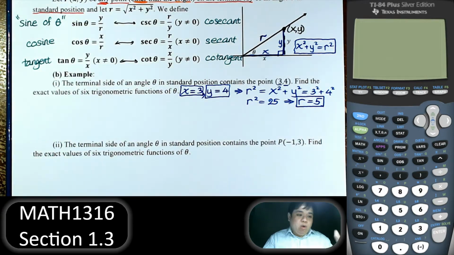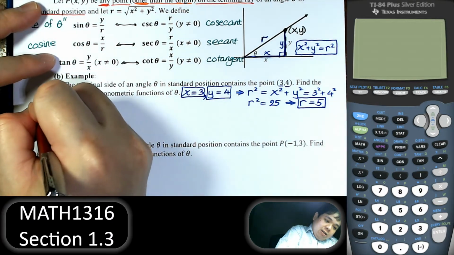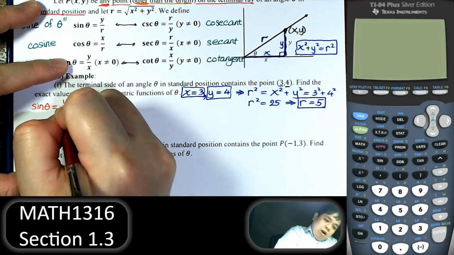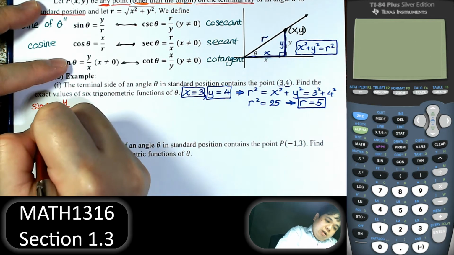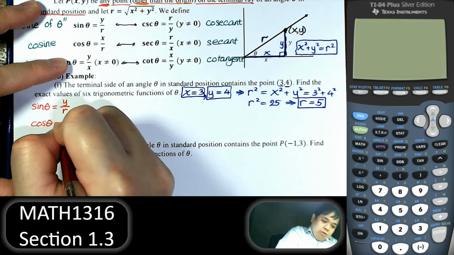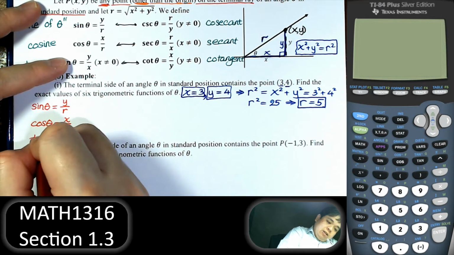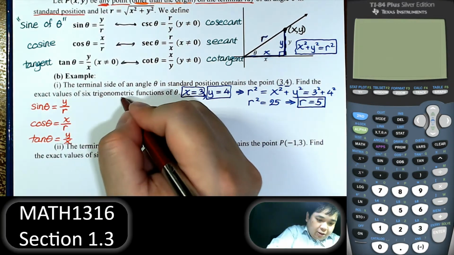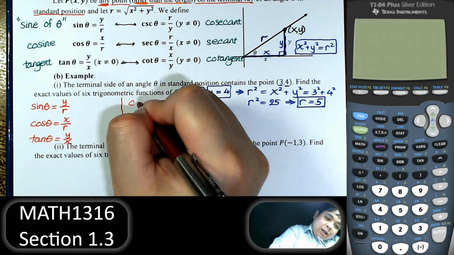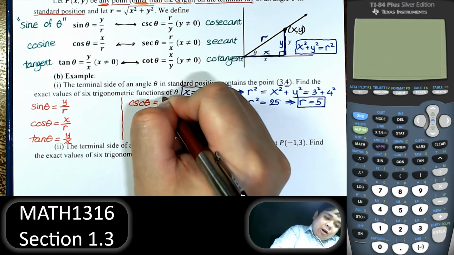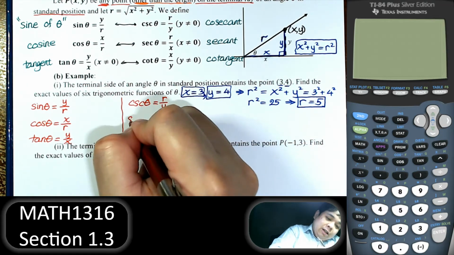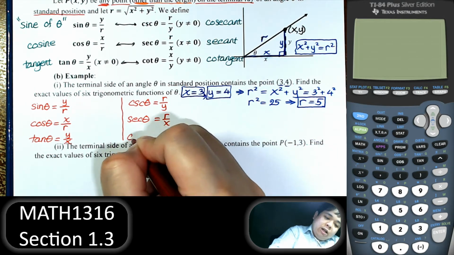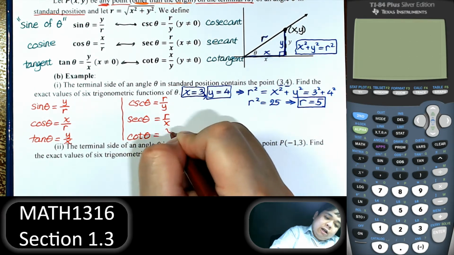Now we just write the definitions. Sine is y over r, cosine is x over r, tangent is y over x, cosecant is r over y, secant is r over x, cotangent is x over y.